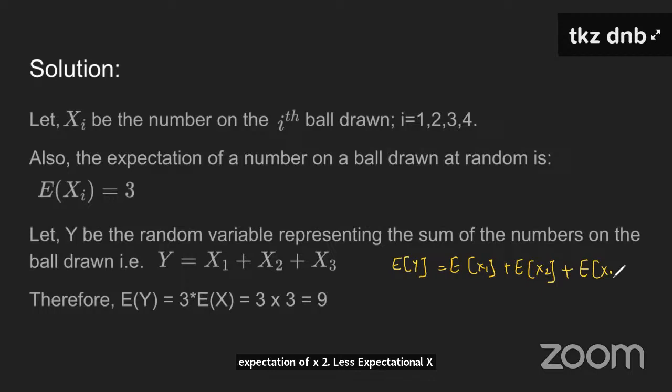We know that the expectation of X is 3, which we calculated in the previous question. So it will be 3 plus 3 plus 3, which is equal to 9. Does anyone have a doubt in this question?